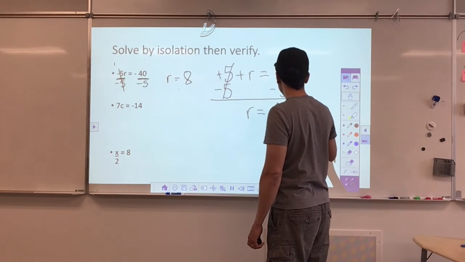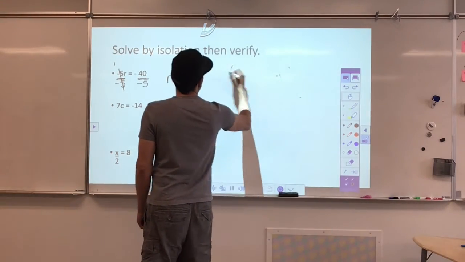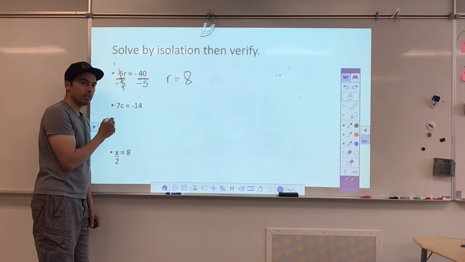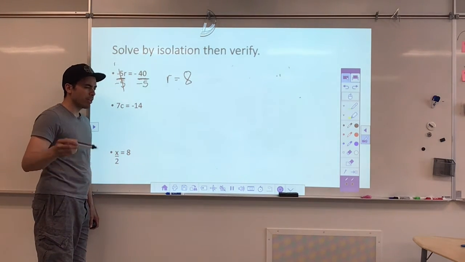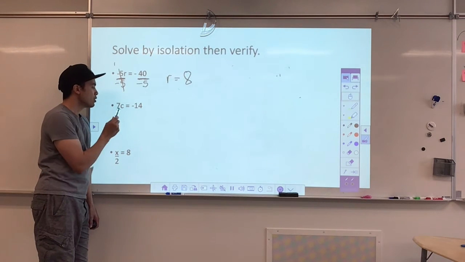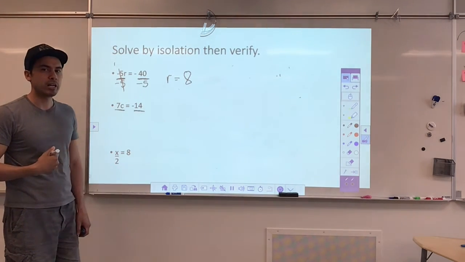Let's try another one. We've got 7 being multiplied by c equals negative 14. So if c is being multiplied by 7, I want to think, what is the opposite to multiplication? It's division. So I need to divide both sides. Why am I dividing both sides by something?